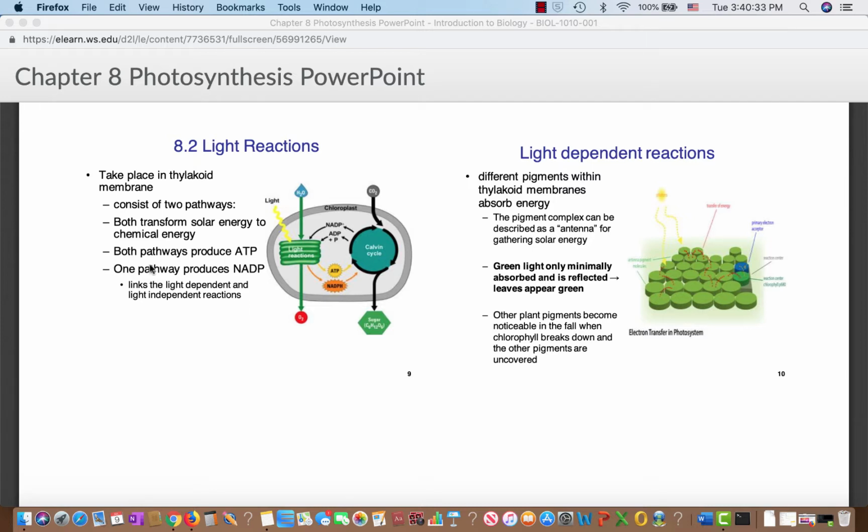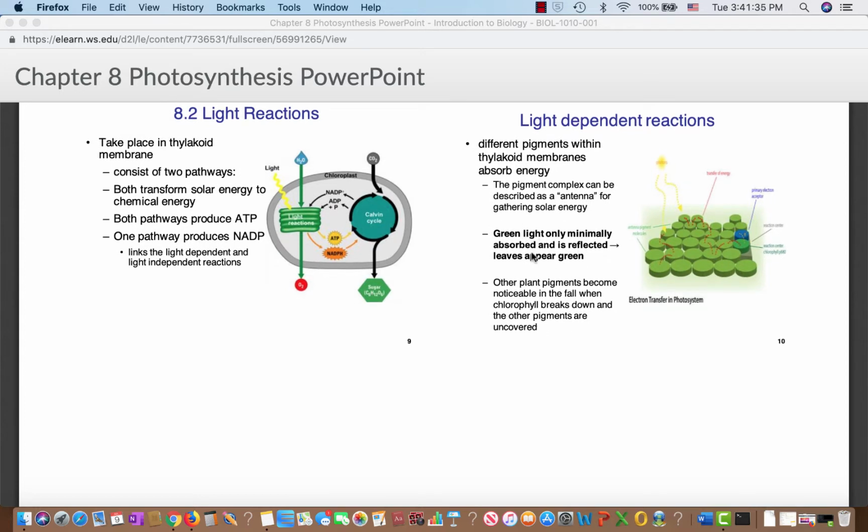Both produce ATP, and then one also produces NADPH, and ATP and NADPH link the light-dependent and independent reactions. The light-dependent reactions have different pigments within the thylakoid membranes that absorb energy on different wavelengths, essentially an antenna for gathering solar energy. Green light is only minimally absorbed and is reflected, so they appear green because there's not a lot of energy in green light.